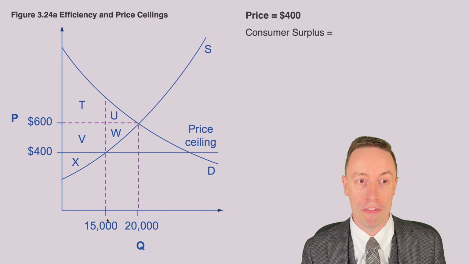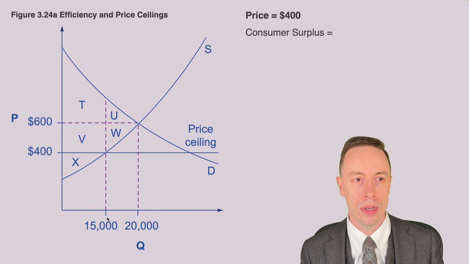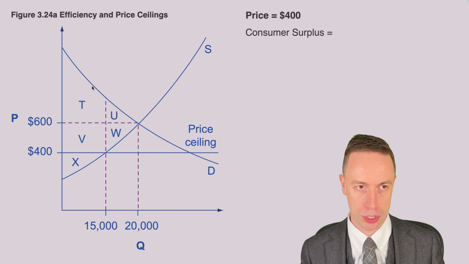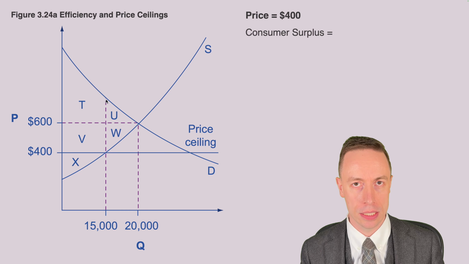Sellers are only offering 15,000 units for sale. So even if we assume that those units are going to the buyers who are willing to pay the most, once we hit this dashed line, consumer surplus stops because none of the other buyers are getting the product.